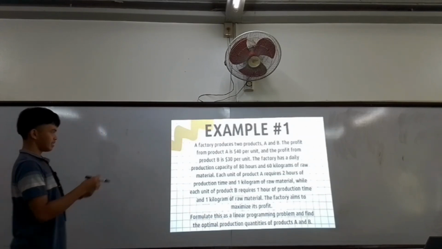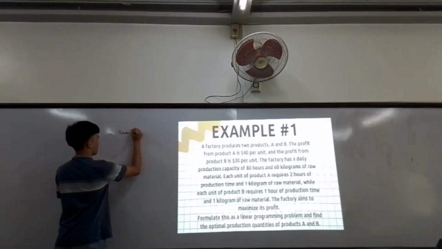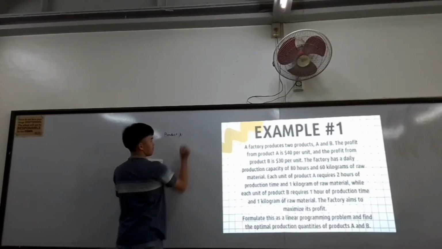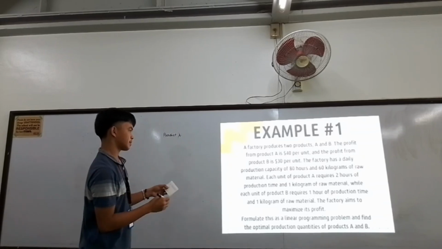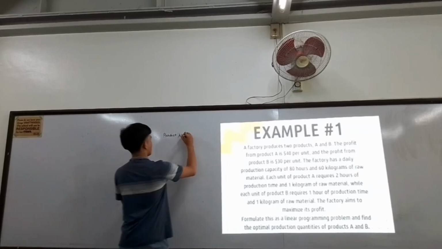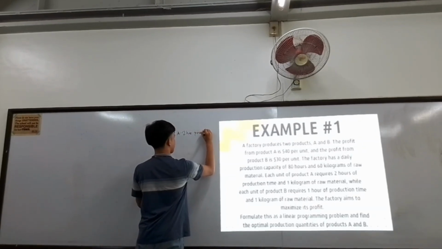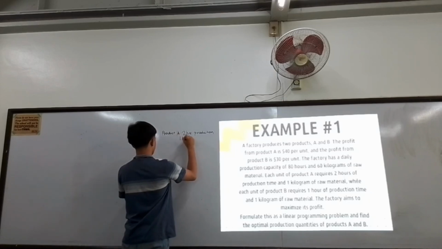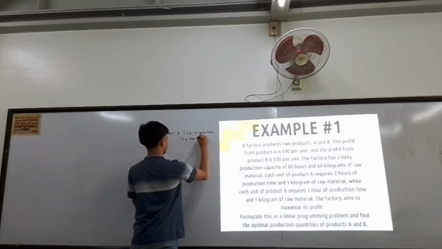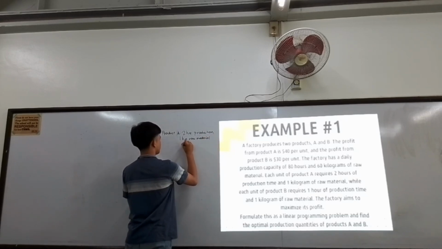So, let's write this example. We have product A, which is equal to 2 hours production and 1 kilogram of raw material, with $40 profit.